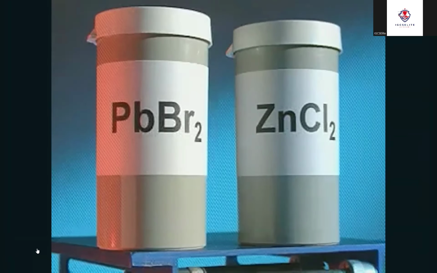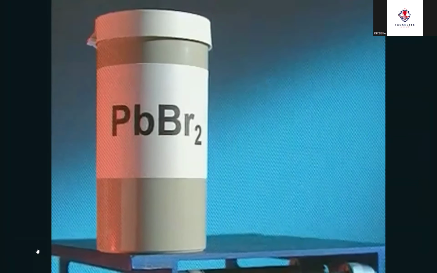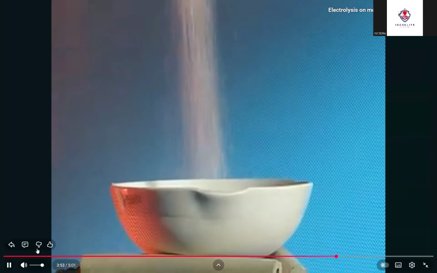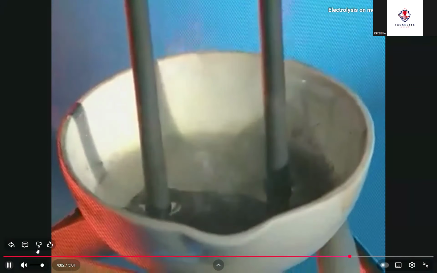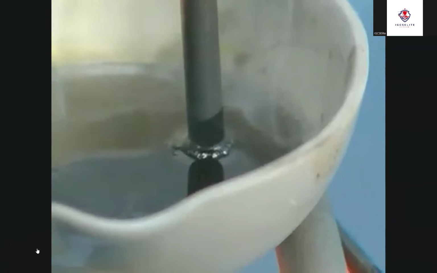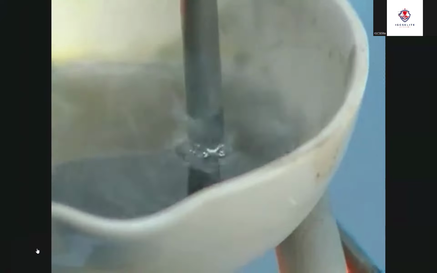Change the compound from lead bromide to zinc chloride and the products of electrolysis will be different. What would you expect to see happening when electricity is passed through molten zinc chloride? This time, bubbles of a very pale gas appear at the positive electrode.